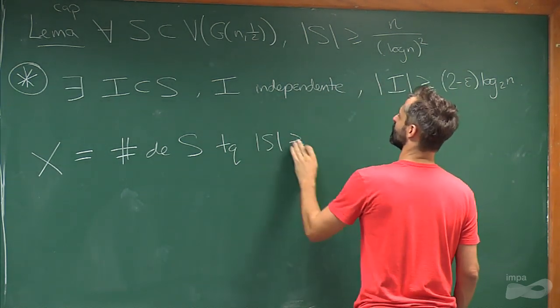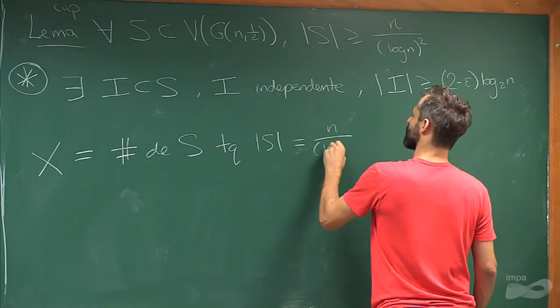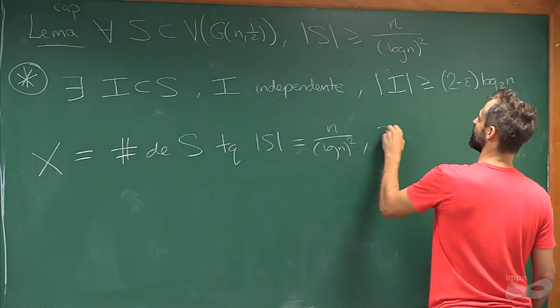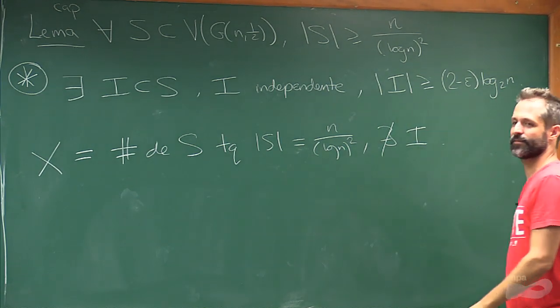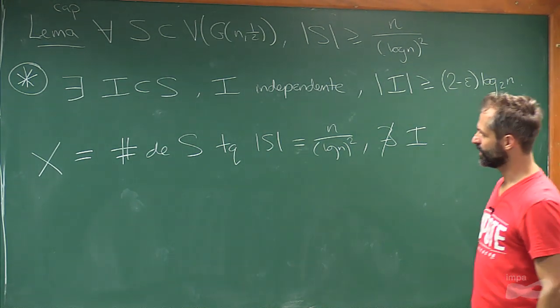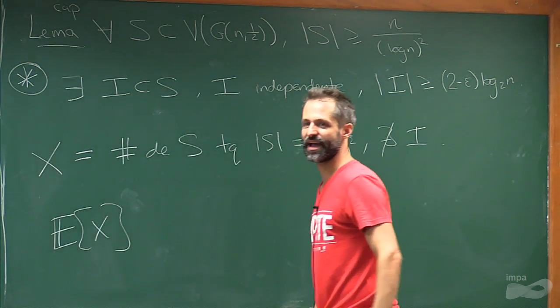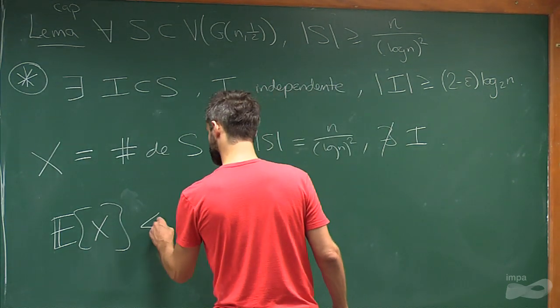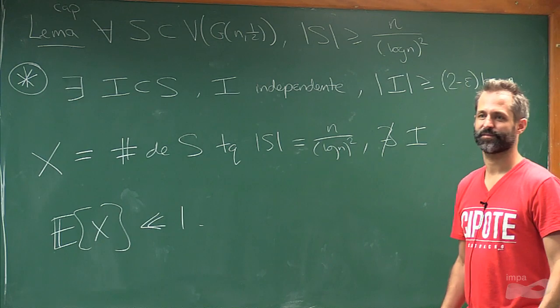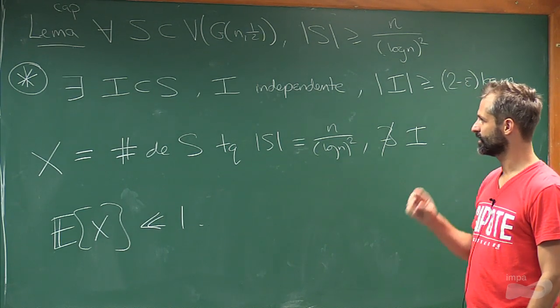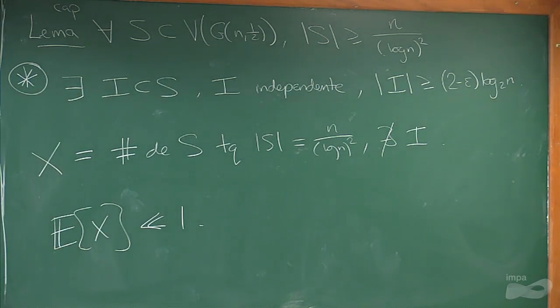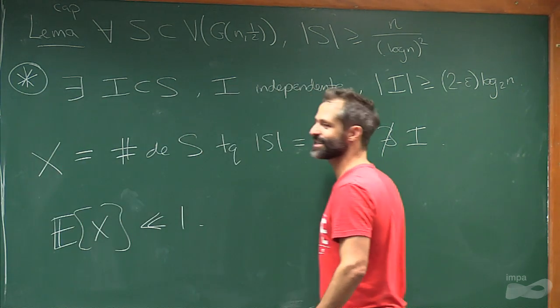So the size of S is at least n over log n squared, and there does not exist a good I. We'd like to show that the expected size of x is small. So we want to know the probability that a particular S is bad.